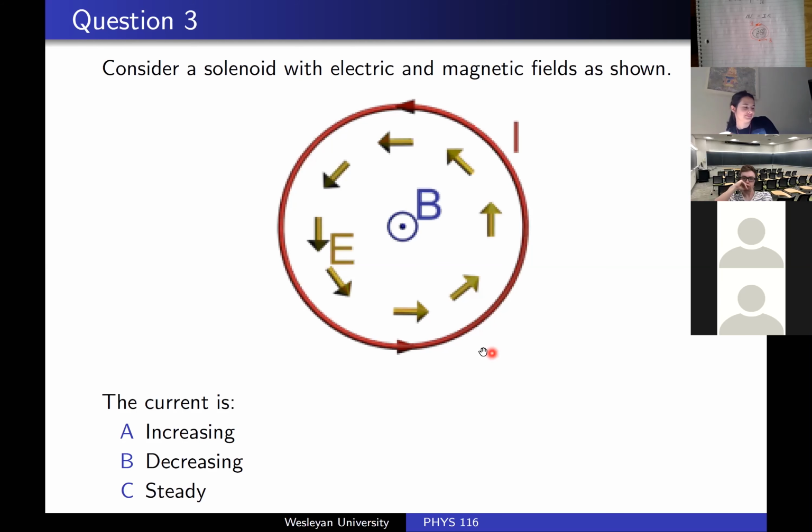So let's look at this in two different ways. So remember, what's given here is that we have a current in the solenoid, which is creating a B field. And because this current is changing, this B field is changing. So which of the four Maxwell laws is going to be relevant here? The one with the displacement current.